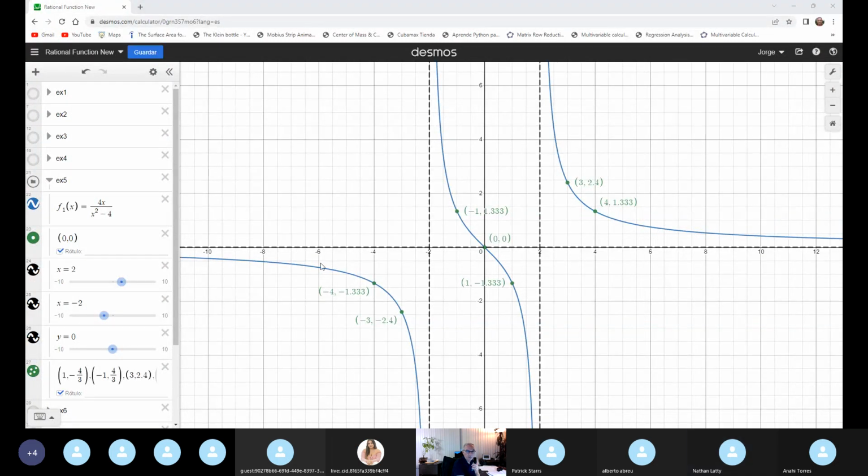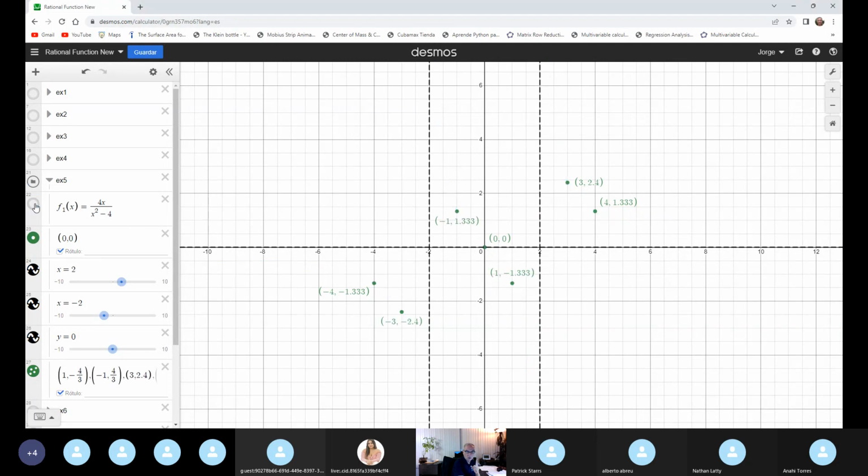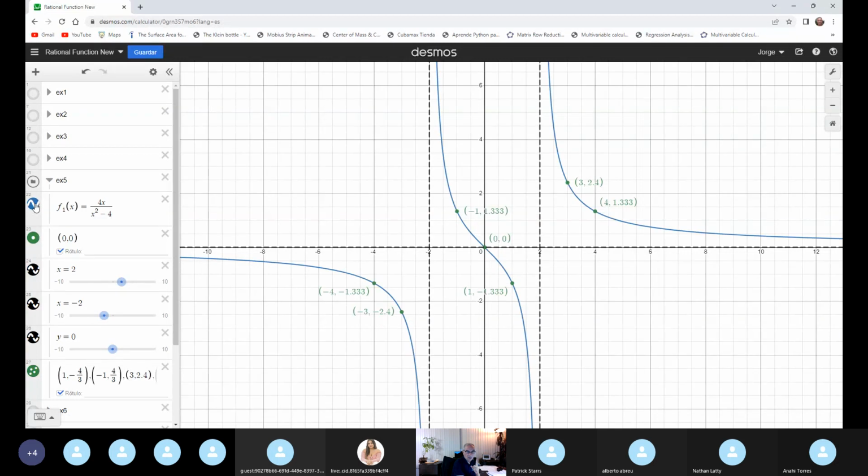Yeah. Okay, recap. This is my function. I select green color, blue color. I determine, remember, the vertical asymptotes at 2 and at -2, and also the horizontal asymptote y equals 0. No slant.